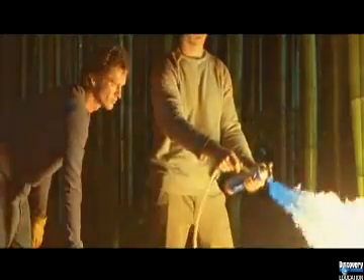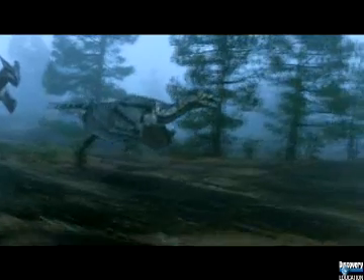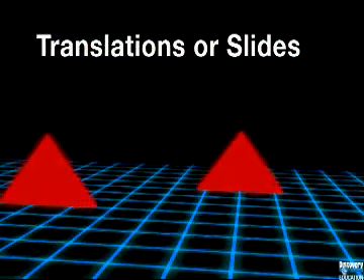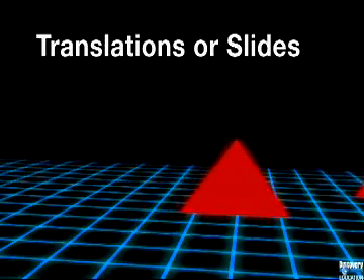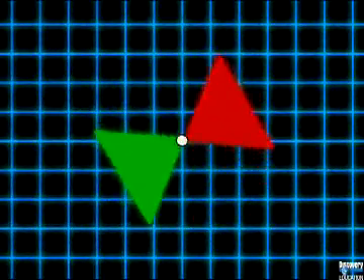Go behind the scenes to see how the biggest special in Animal Planet history was created. They transform geometric shapes using translations or slides, moving a shape from one location to another without changing its orientation, size, or shape. Rotations or turns, making the figure rotate about a single point or axis along a circle.